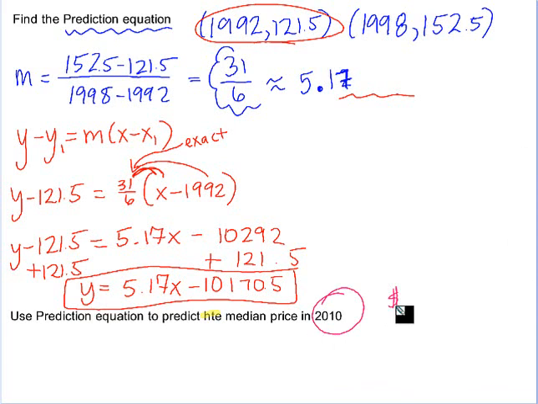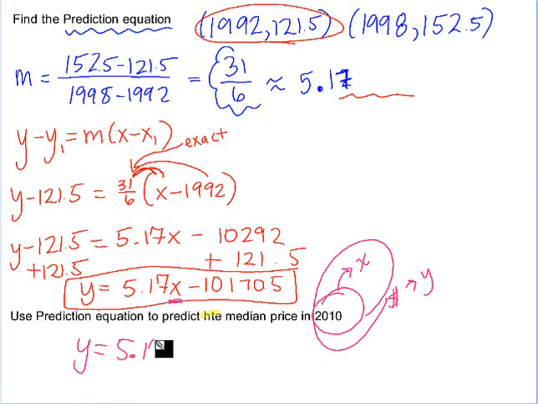So recall, years were our x values, price were our y values. So that means we're going to plug x in to be 2010 in our prediction equation. So y equals 5.17 times 2010 minus 10,170.5.